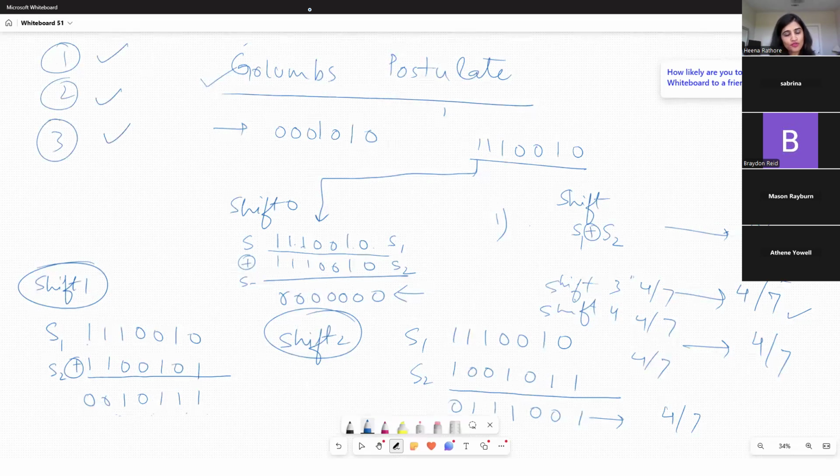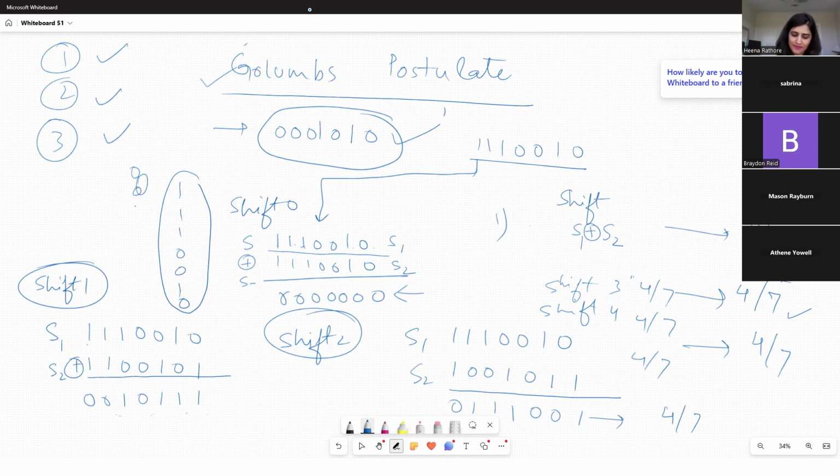If it satisfies all 3 rules, then this random number that you came up with is highly pseudo-random, which means you can use that number for stream cipher. So if we are getting 1110010, this is highly pseudo-random, which means for an attacker to know this key would be very hard. And that is the reason Golomb's postulate verifies whether the numbers that you are generating are actually pseudo-random or not.